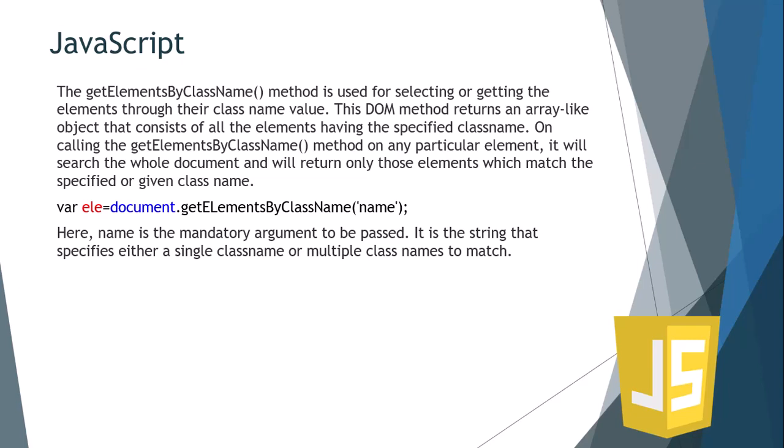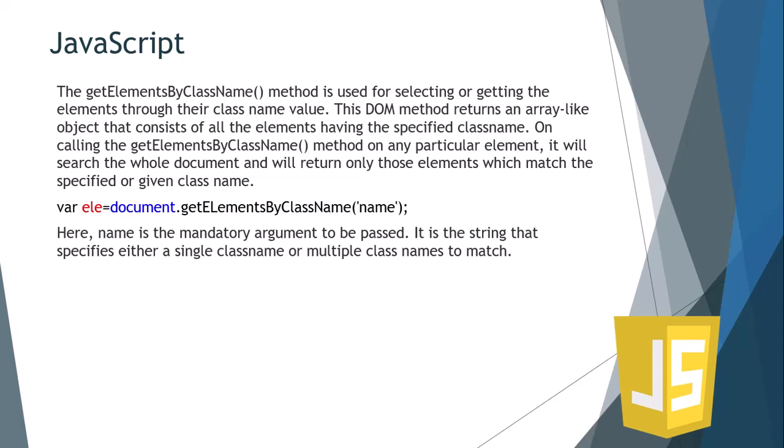You see how unique this is? Even if you have thousands of lines of code and you want to get a particular element with a particular class name, you just use the getElementsByClassName method. It will run through all the code and bring out only the elements with the class name you have specified.